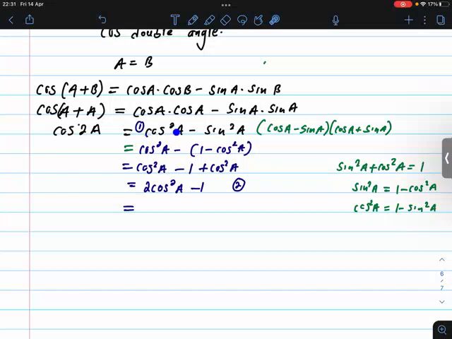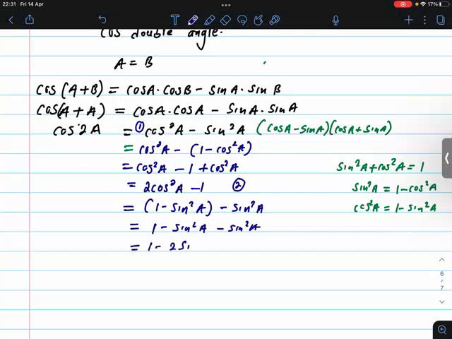What is cos squared A in terms of sine? It's 1 minus sine squared A. Then that becomes 1 minus sine squared minus sine squared, and when you add these together, it becomes 1 minus 2 sine squared A.